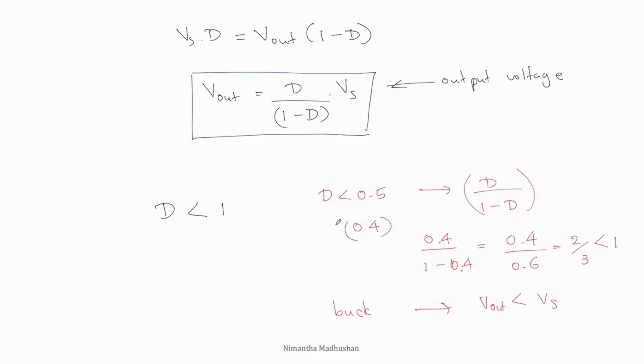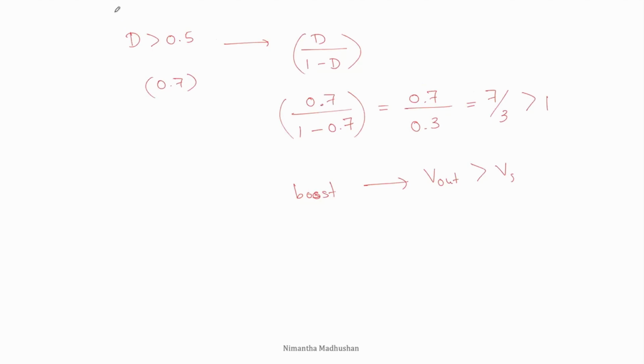If the D value is less than 0.5, it acts as a buck converter. D greater than 0 and less than 0.5 is buck operation, and D less than 1 and greater than 0.5 is the boost operation.